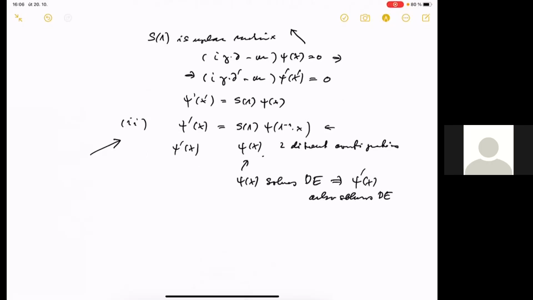Let us now rewrite the Dirac equation in components.